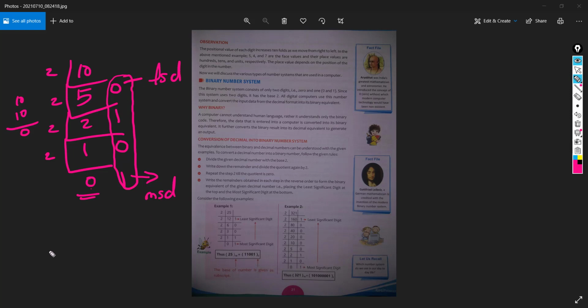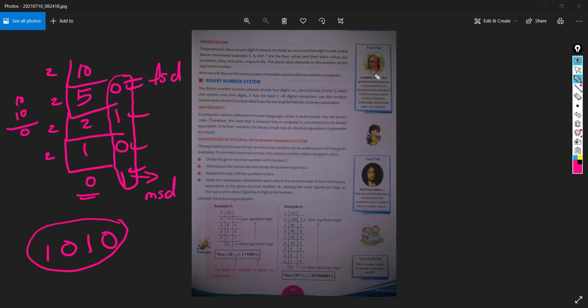So we write the MSD at the left side, then followed by these values. Next is 0, then 1, then the last digit, which is the LSD, that is 0. So this is the corresponding binary number of the decimal number 10.